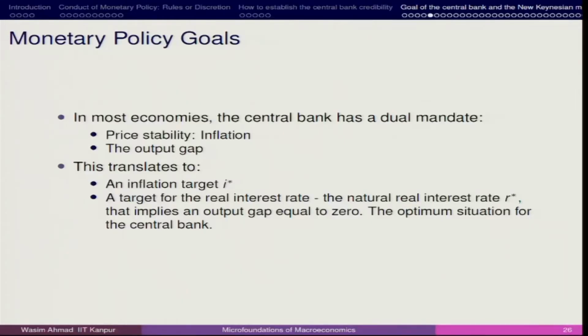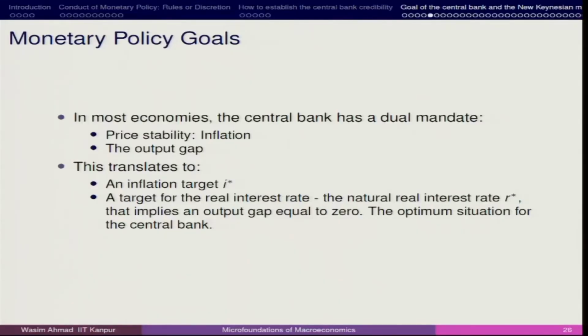So, what is the underlying idea? For the central bank, targeting inflation becomes easier. They may specify, for example, in India we have specified 4% plus minus 2, so 6% and 2%, with 4 as the mean. But the output gap becomes a difficult target for the central bank.